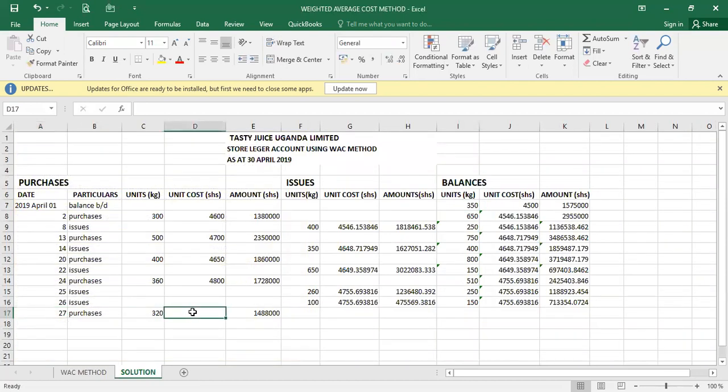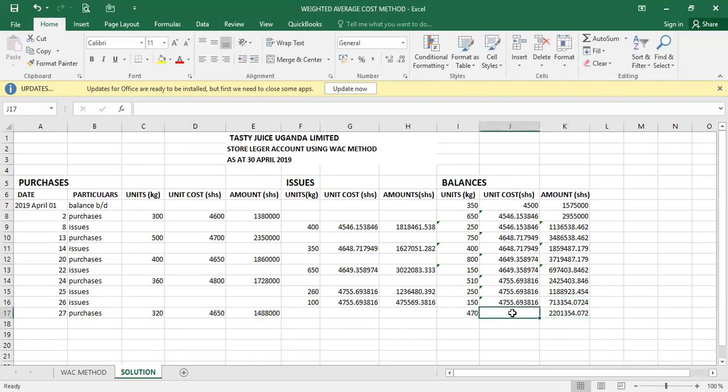Then you can get the unit cost, which will be the cost divided by this. We add to our inventory the units we have purchased, and we also increase our total cost: this plus this.